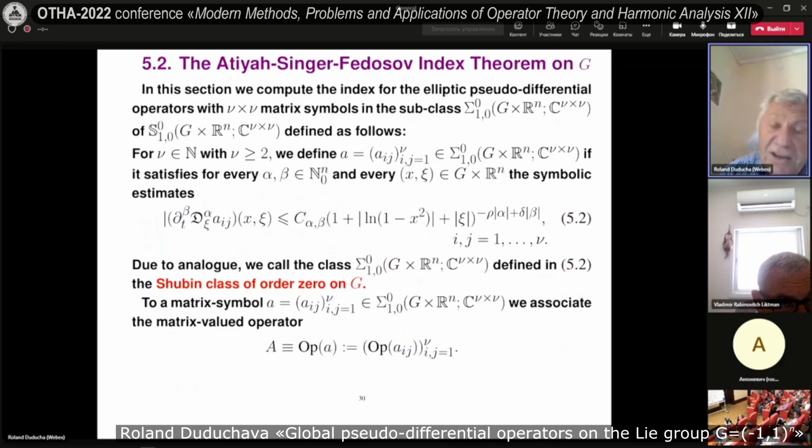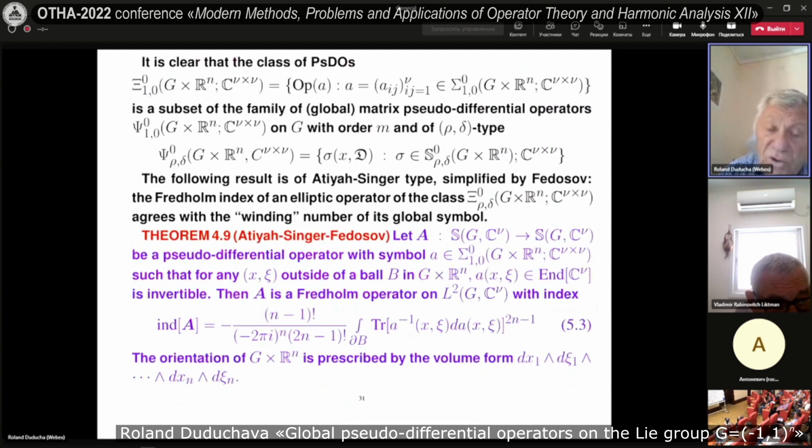And the Atiyah-Singer, Fedosov theorem. For Atiyah-Singer, we have to restrict our class a little bit more and introduce the Shubin class of order 0. If we have the Shubin class of order 0, defined here by 5.2, then we have the Atiyah-Singer-Fedosov formula. Atiyah-Singer proved it in the general case.